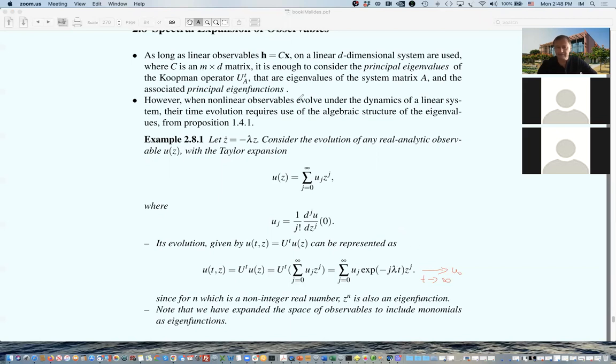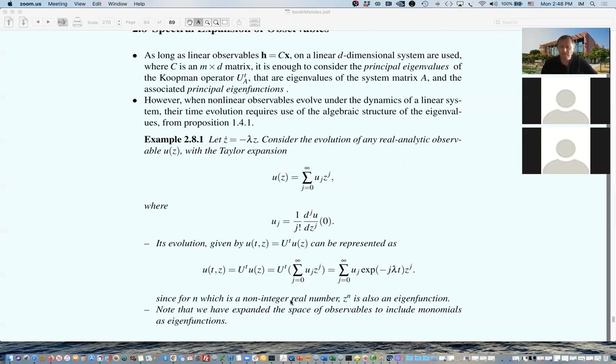Right? So that's a simple story about the evolution of an arbitrary nonlinear observable that possesses the property that it is analytic. The other word for this particular property is that it's actually entire. So it's a real analytic function that you can everywhere expand in its Taylor series.